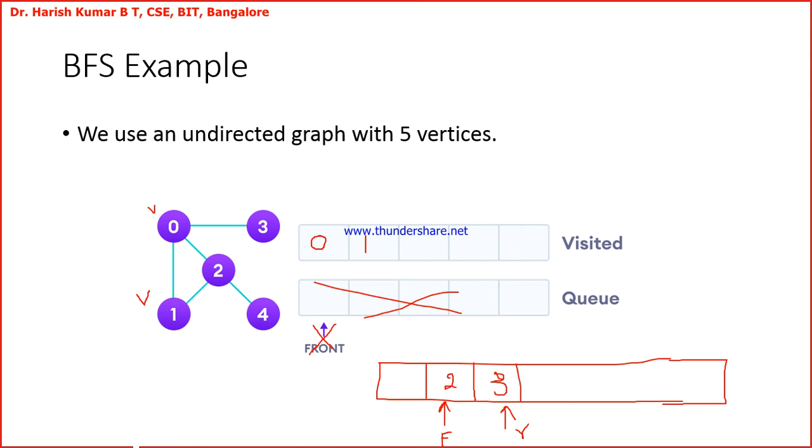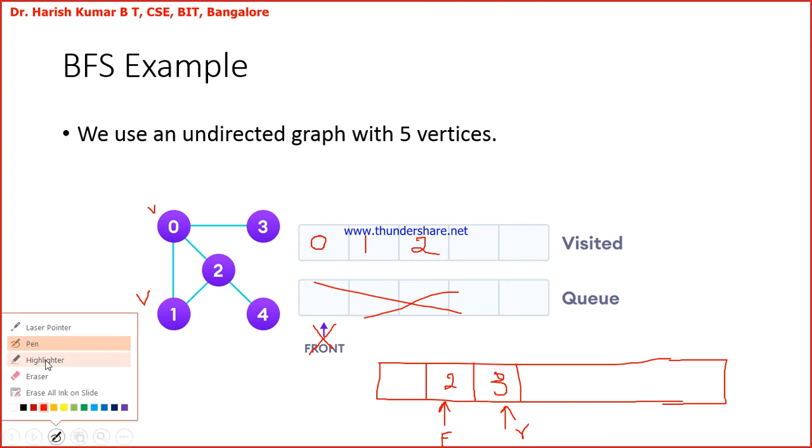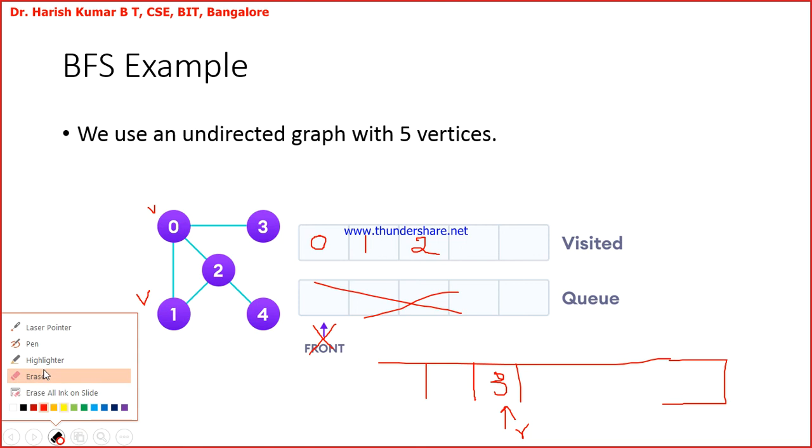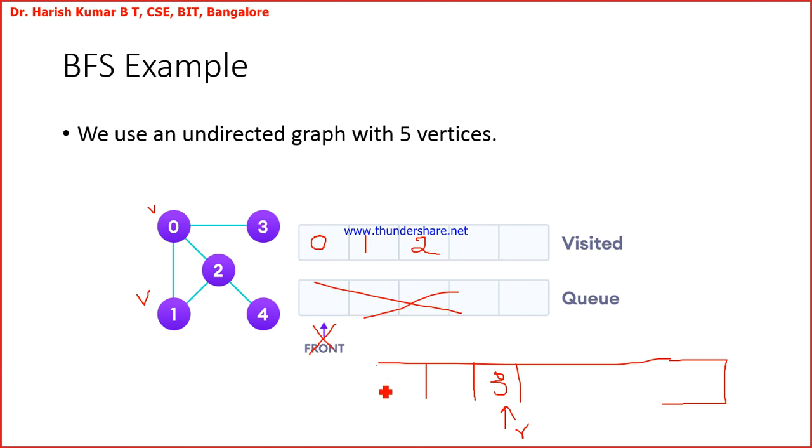That means I don't have anything to add to the rear end of the queue right now. Next, I go for visiting 2. So 2 is visited. Front is also pointing to this right now.